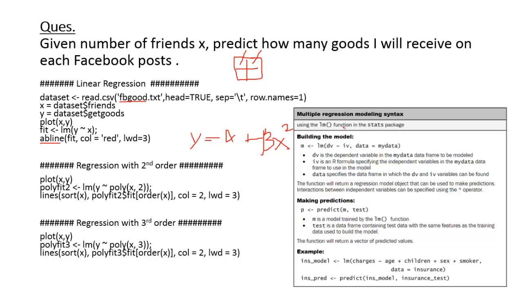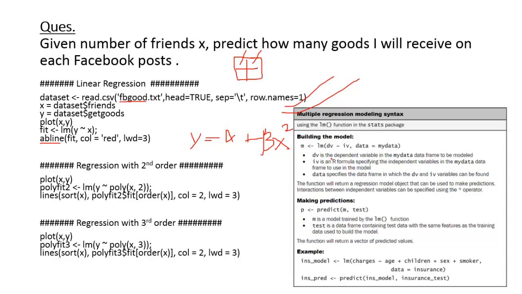And one more thing, I have just shown a simple syntax of how to use the lm function, which is in the stats package. Here you can see a simple syntax of lm. There's a formula, dv tilde iv, where this is the dependent variable and this is a set of independent variables, which we call features, and this is the data provided.